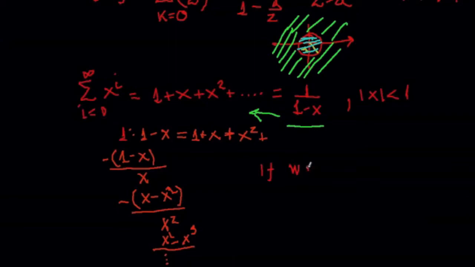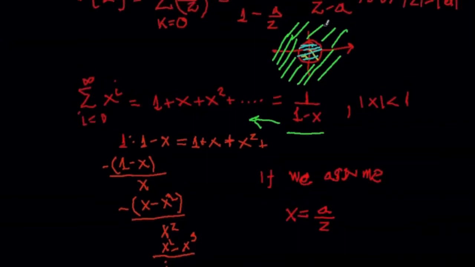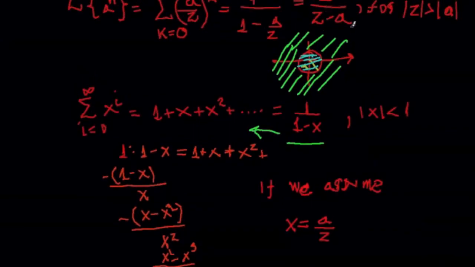Okay, now if we assume that x is equal to a divided by z, we obtain the previous expression, z over z minus a.